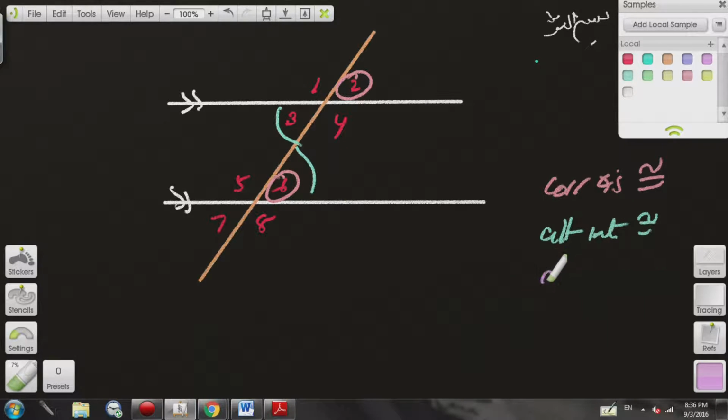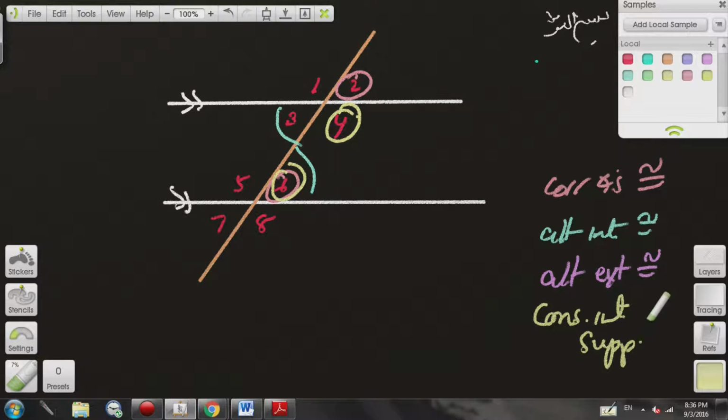And so are alternate exterior angles. Everything is congruent, right? All except for consecutive interior angles, like 4 and 6. Consecutive interior angles are supplementary. They add up to 180 degrees. So alternate interior angles are congruent, alternate exterior are congruent, corresponding angles are congruent, and finally, consecutive interior angles are supplementary. That you have to know.